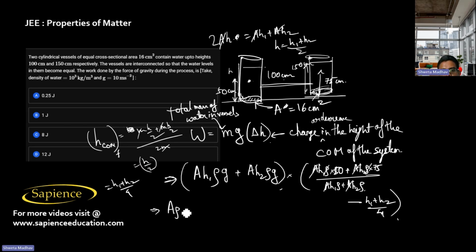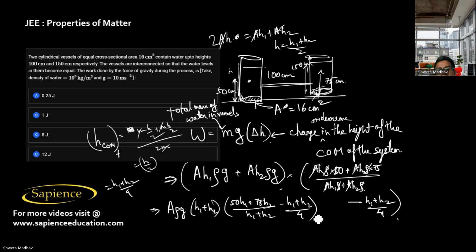So we can say A rho g we can take as common into H1 plus H2 into this, which is 50 H1 plus 75 H2 by H1 plus H2, minus H1 plus H2 by 4, plus H2 by 4. So this is the required work done.